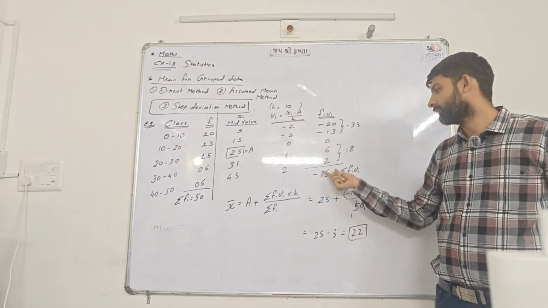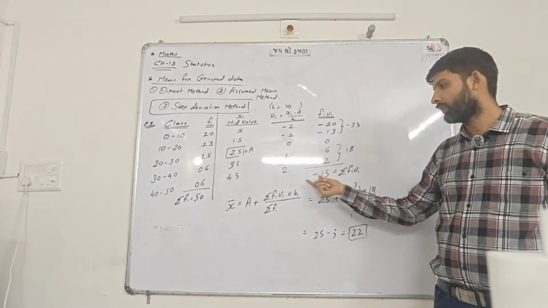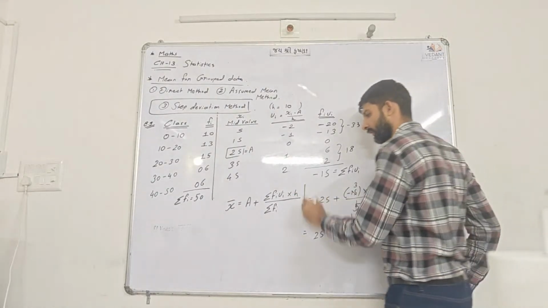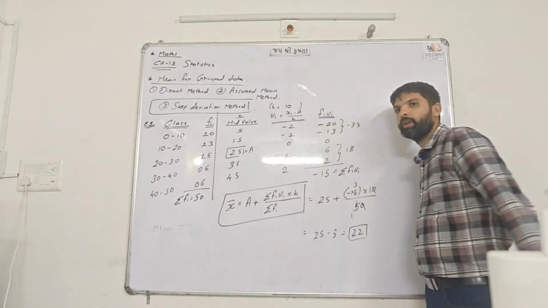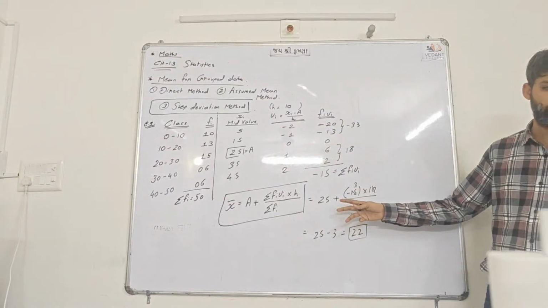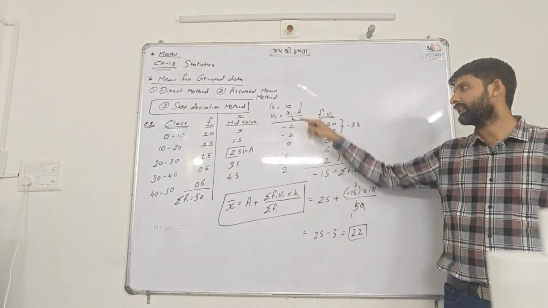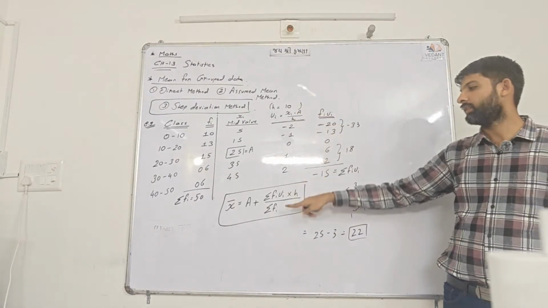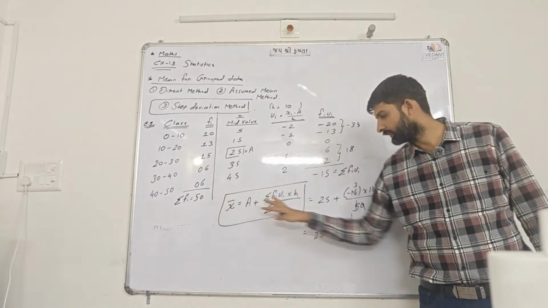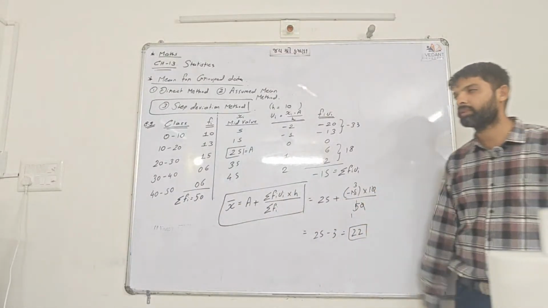So you will get the summation of fiui. The formula is this: A plus sigma fiui into H upon sigma fi. So the value of fiui we got is minus 15. H is the class length, that is 10. Sigma fi is 50. And then you can solve and get the same answer again.